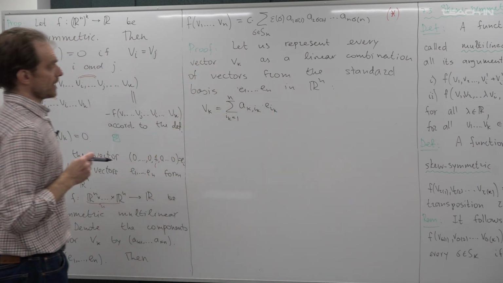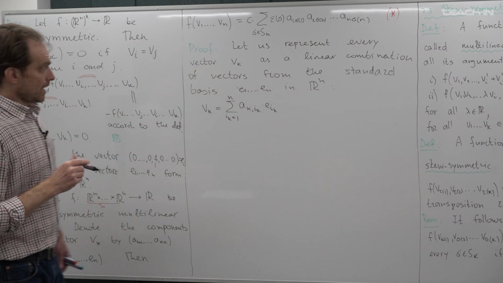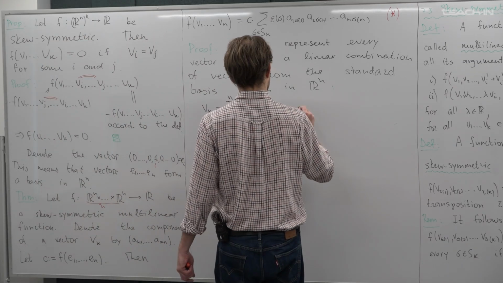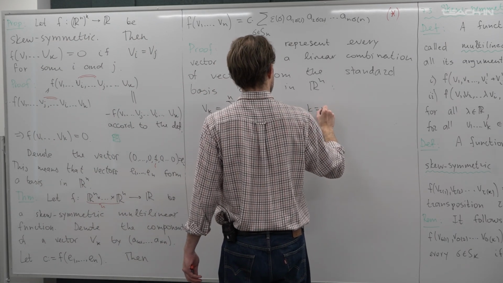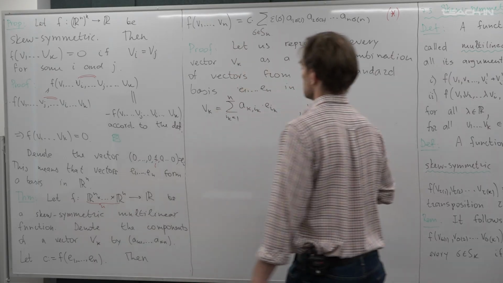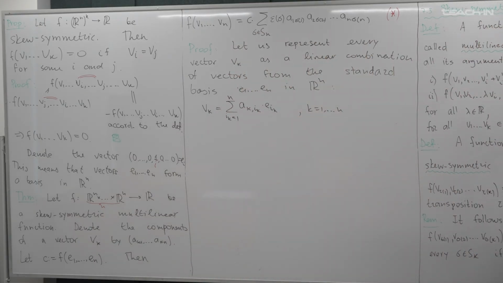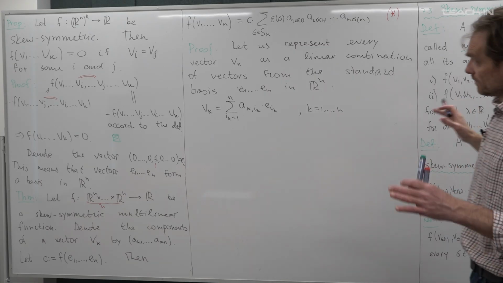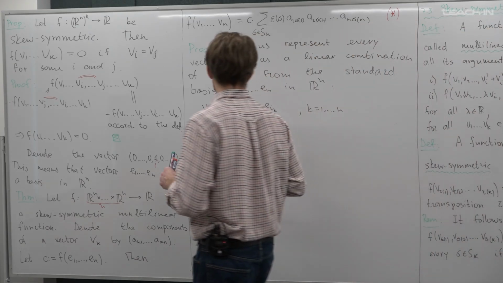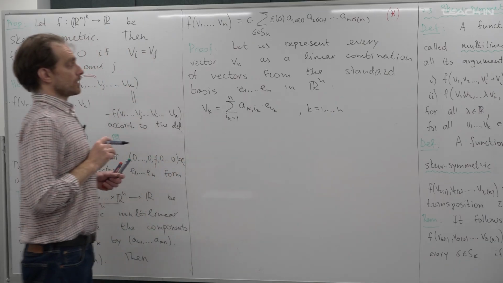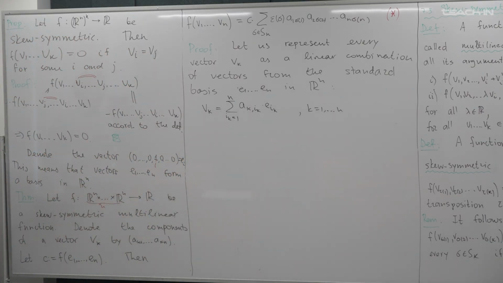So this is what we get here. And this can be done for all k from 1 to n, right? So this is nothing but the representation of every vector as a linear combination of the vectors from the basis.